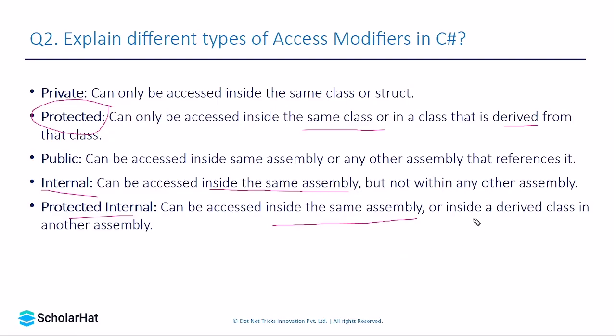Internal cannot be accessed in another assembly, but protected internal can be accessed inside a derived class in another assembly. So these are two important topics, and they are asked interchangeably in an interview, like what is internal and what is protected internal, and how they are accessible and how they differ in terms of accessibility. These points can be used to answer your question about internal and protected internal.